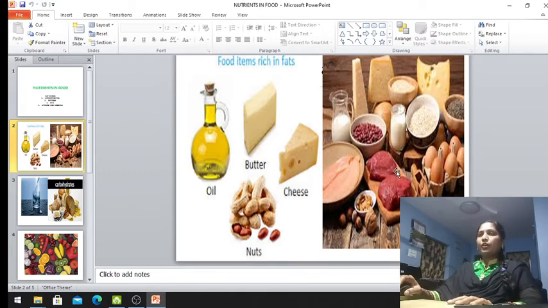Make a table in your notebook and write the food item names which you ate in your breakfast, lunch and dinner. And now try to find out, are you all eating the same kind of food in a day?